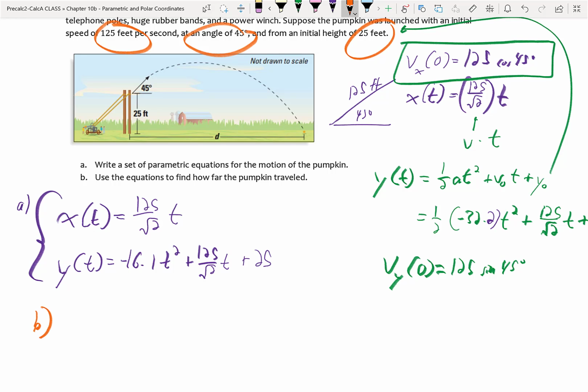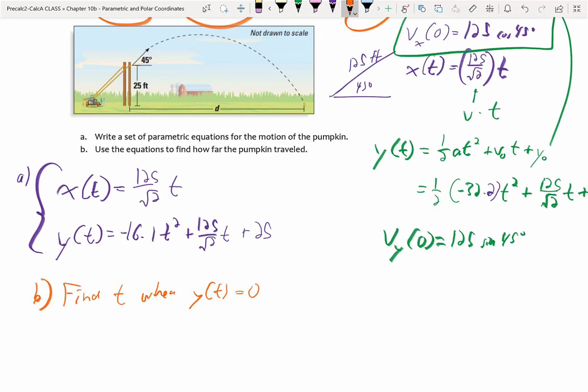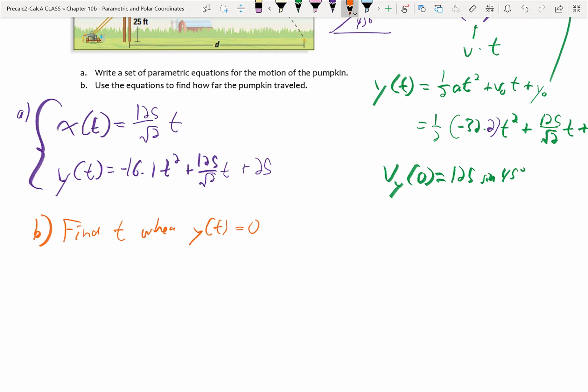So how far the pumpkin traveled is its horizontal distance. But I would want to know what? How could I use this to figure that out? I'd first want to find the time when what's true? When y of t is equal to 0. So I would set y of t equal to 0.